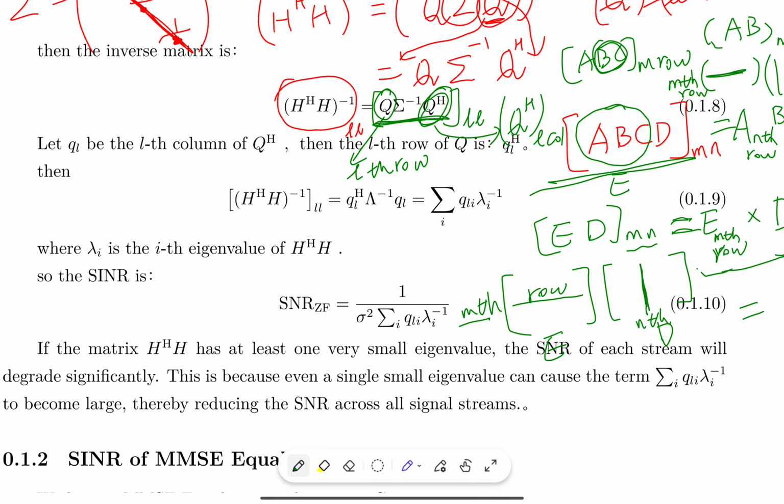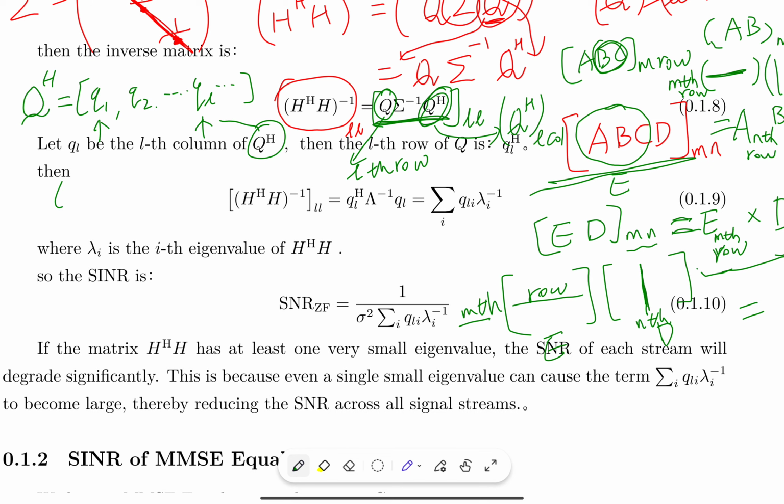So we assume QH is equal to Q1, Q2, and so on to QL. Each of Q1 through QL is a column vector.